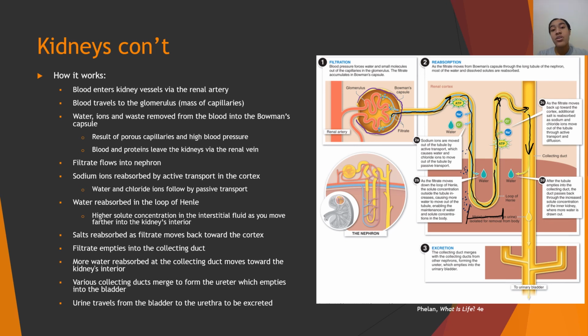And then the ureter leads to the bladder, where it drops off the concentrated urine. And then the bladder holds the urine until you go to use the restroom. And when you go to the restroom, the urine will pass from the bladder through your urethra and then out of your body. So that's the general stages of how this process works.